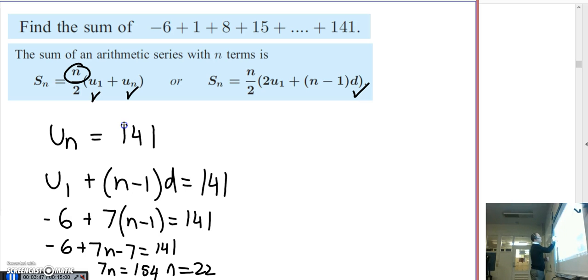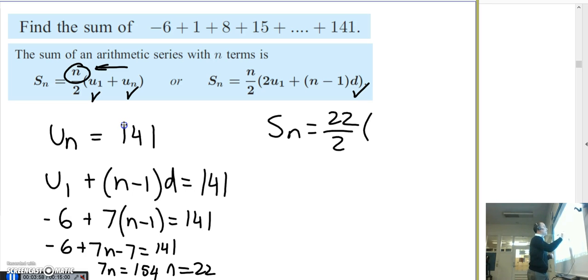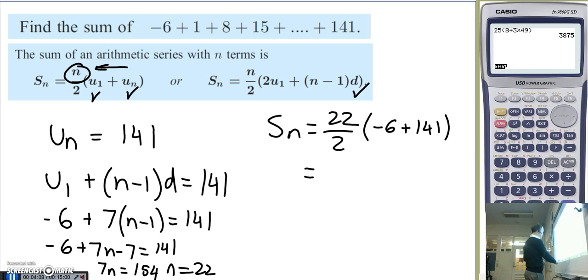So now I have my number of terms. I can substitute that into the equation. So the sum will be equal to 22 over 2, bracket negative 6 plus the last term, and I then have to pop that into my calculator.